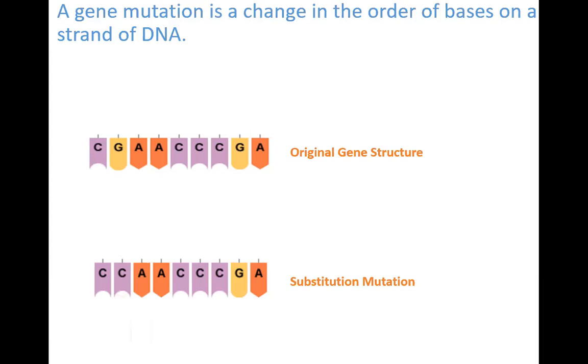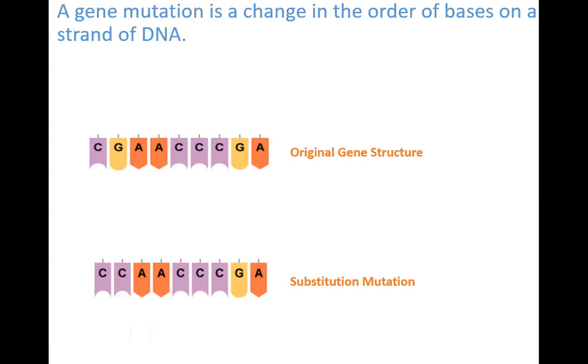So for example, the original strand up here at the top, on the first triplet, is cytosine, guanine, adenine, CGA. But if we substitute in a different base, now instead of cytosine, guanine, adenine, we get cytosine, cytosine, adenine.